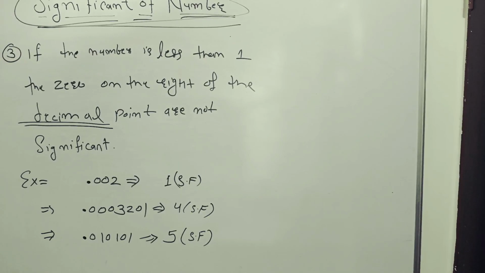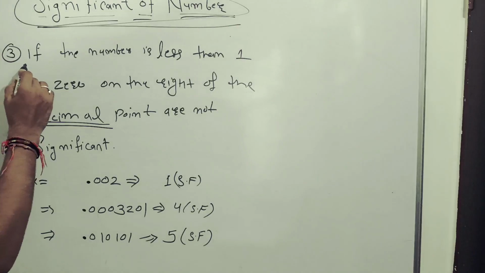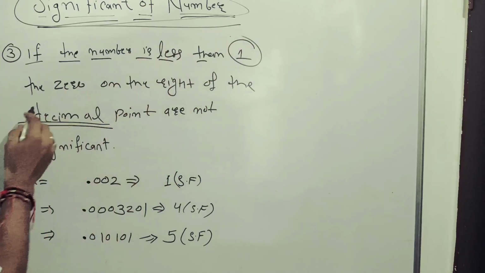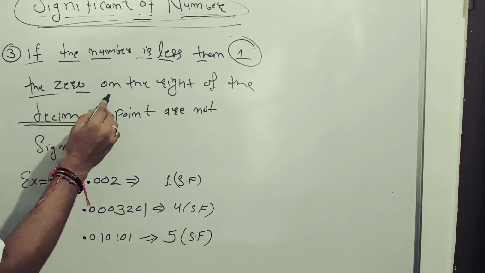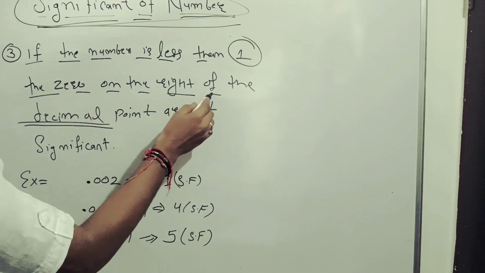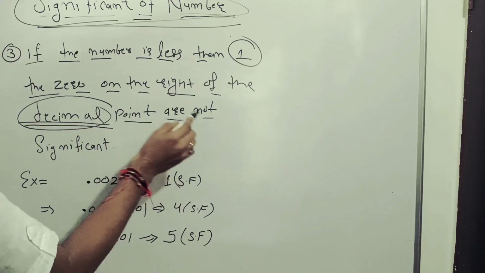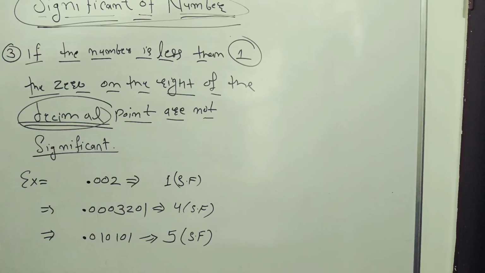And the third rule is, if the number is less than 1, the zeros on the right of the decimal point are not significant.